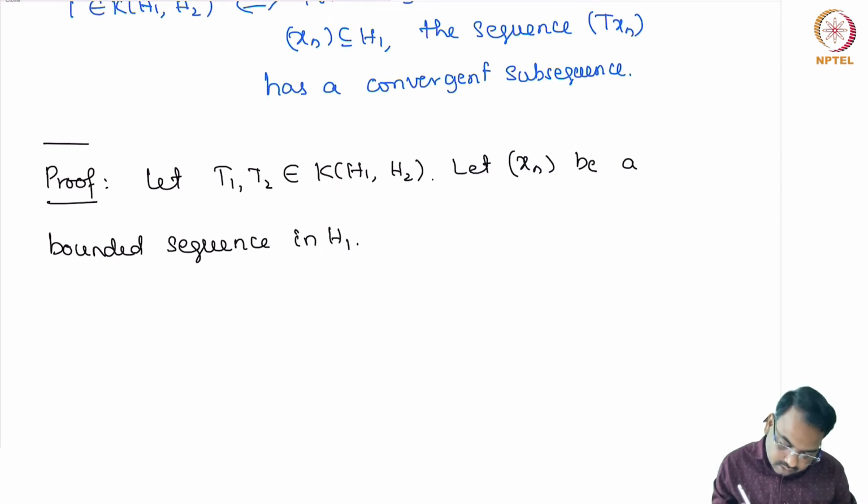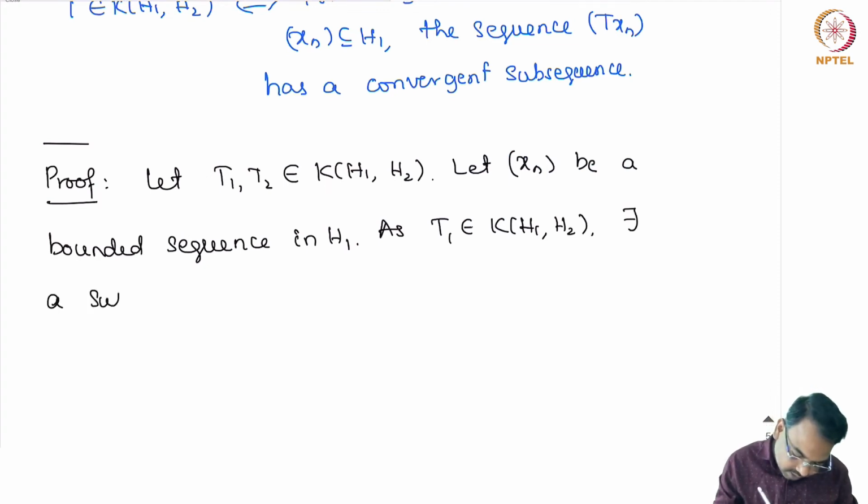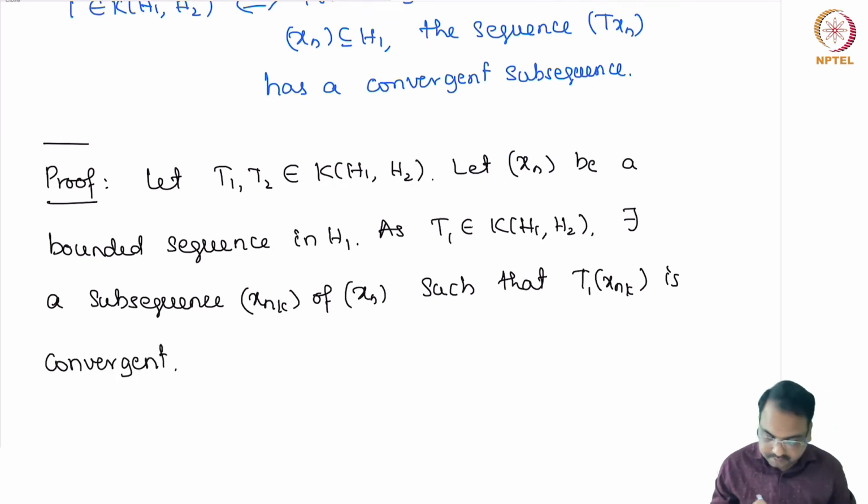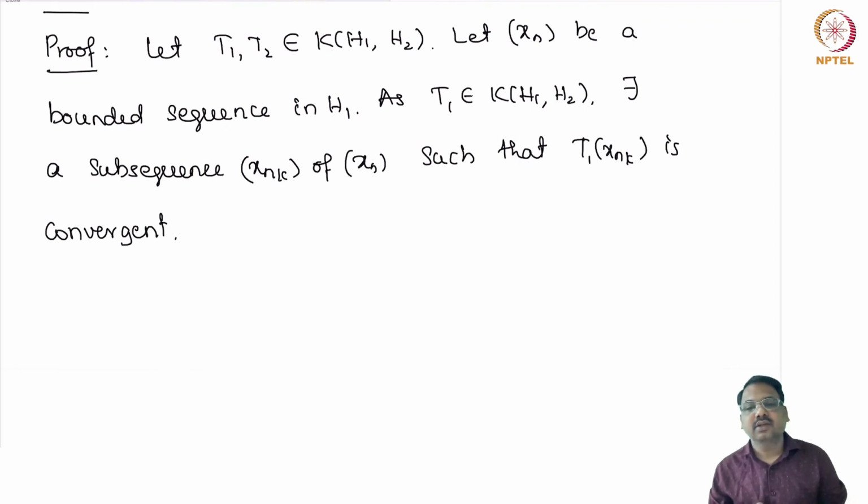So as T1 is compact, there exists a subsequence Xnk of Xn such that T1 of Xnk is convergent. We also know that T2 of Xnk is also convergent because T2 is compact, but we don't know T1 plus T2 of Xnk is convergent or not.